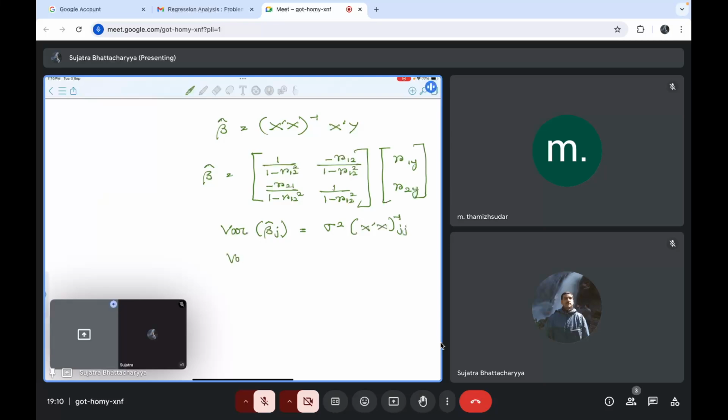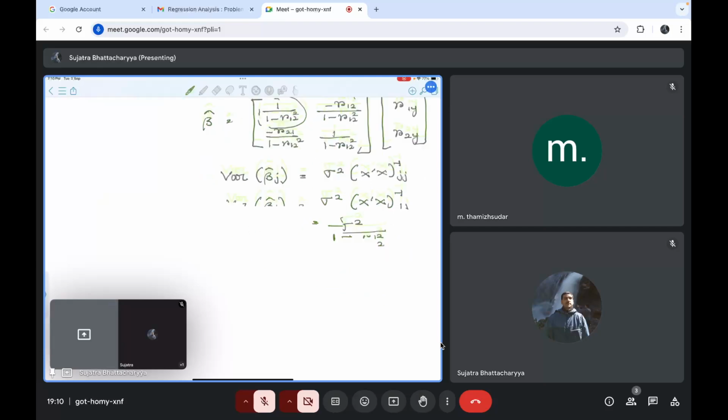So let us say the variance of beta 1 hat will be sigma square times X prime X inverse 1 1. This sigma square will remain. And X prime X inverse 1 1 for this two-variable case is 1 upon 1 minus R12 square.